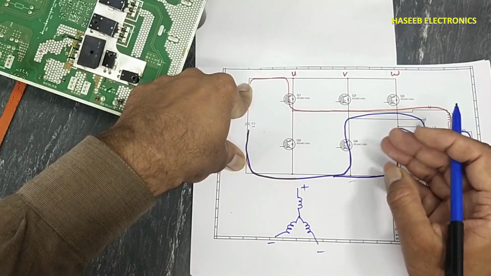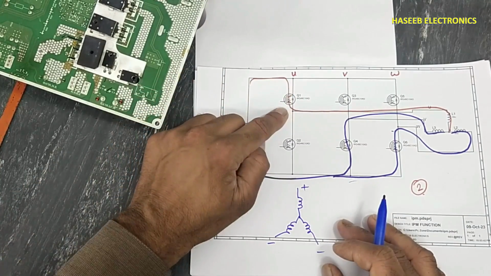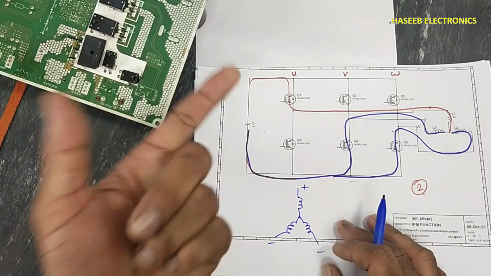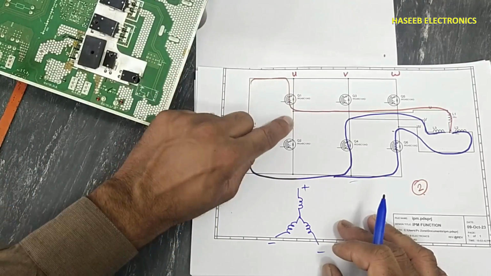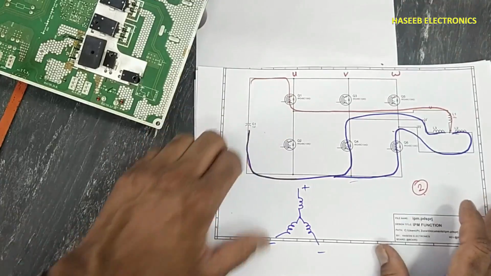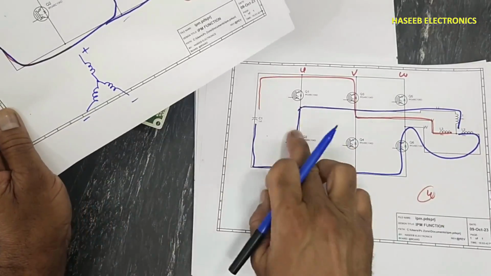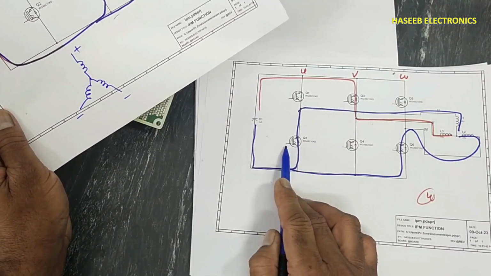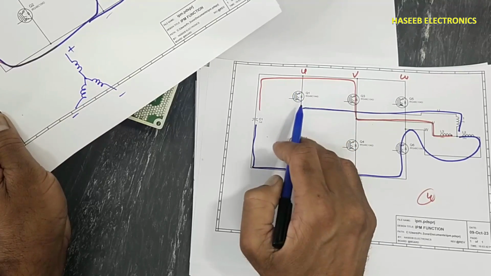There will be an IPM fault. If this IGBT is short circuited or its driver is permanently turned on, when it is on, it is providing positive voltage, and in this sequence, when this IGBT turns on and it is short circuited, it is already providing positive voltage at this point.